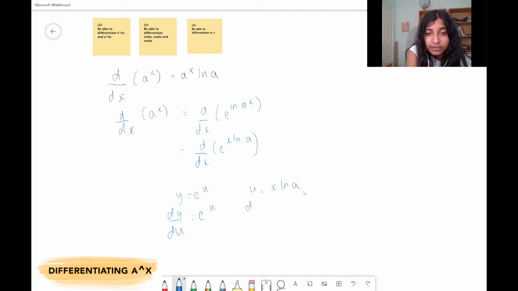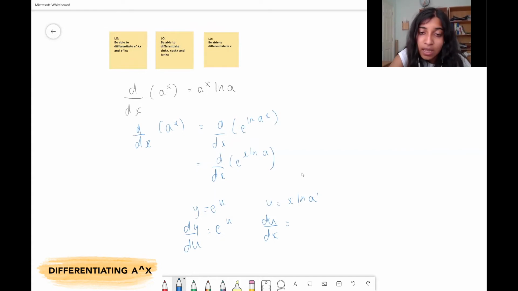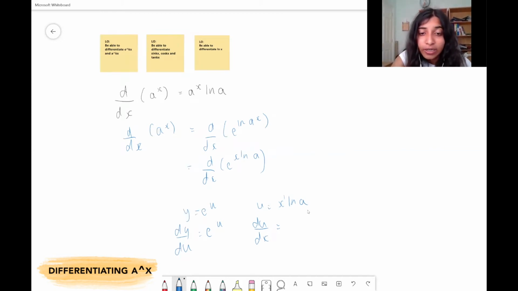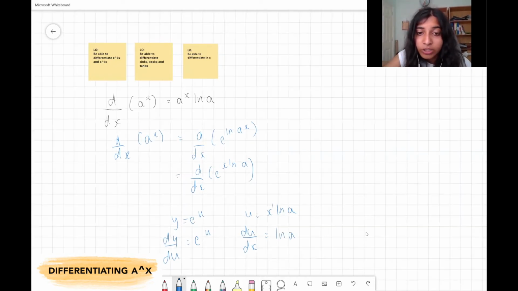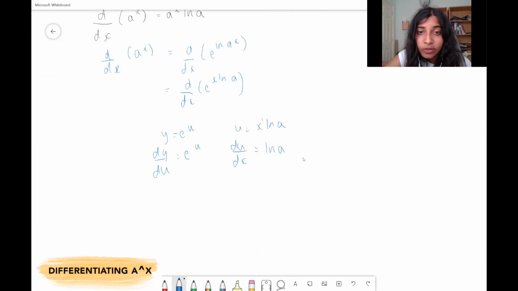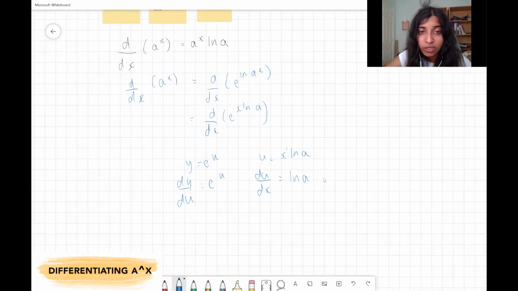Then du over dx: because ln a is just a constant, we can treat it as a constant. x is raised to the power of 1, so you do 1 times ln a, which gives ln a, and then 1 minus 1 gives x to the power of 0, which is just 1. So du over dx is equal to ln a.